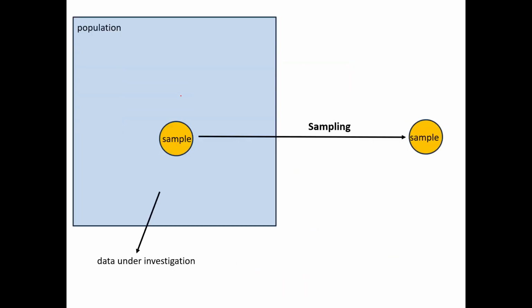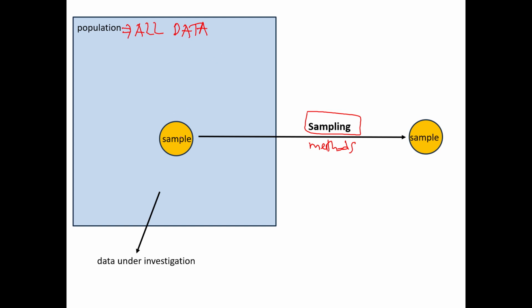So now comes the main point: we have the population and we have the sample. We choose a sample from the population using some sampling methods, and then we analyze the sample. The population means this is all our data.